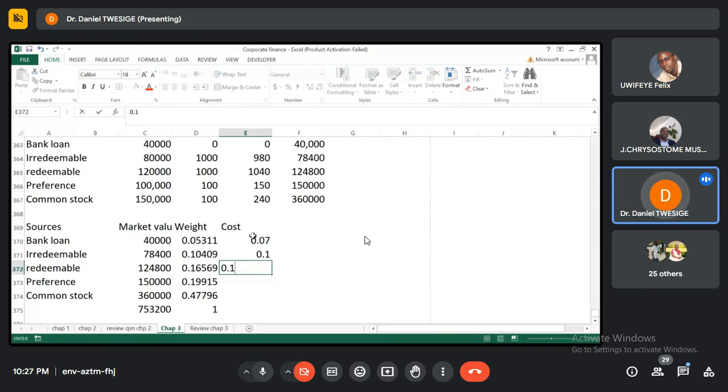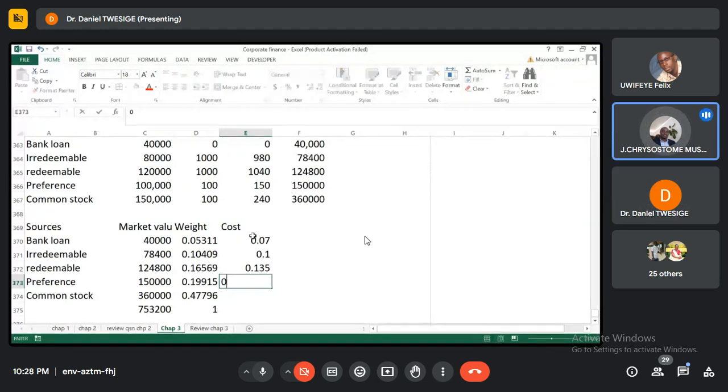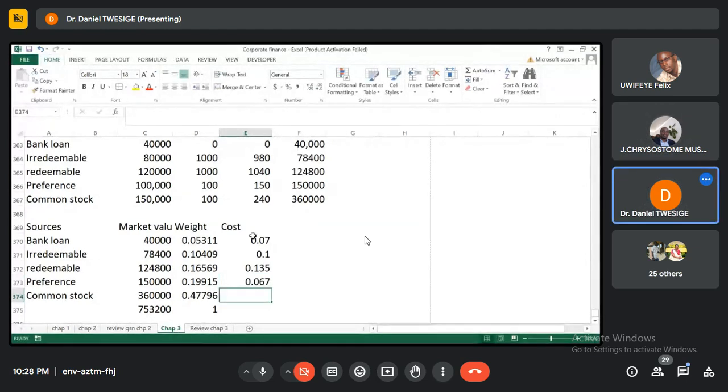Redeemable, we have got 0.135. Preference will go to what? 6.7%, so it is 0.067. And the common stock, 0.218.